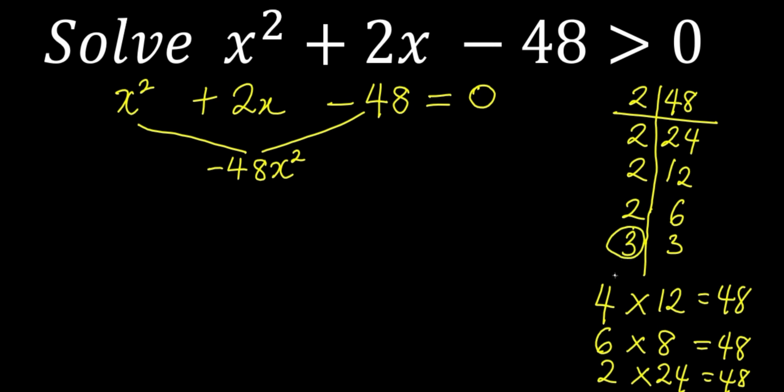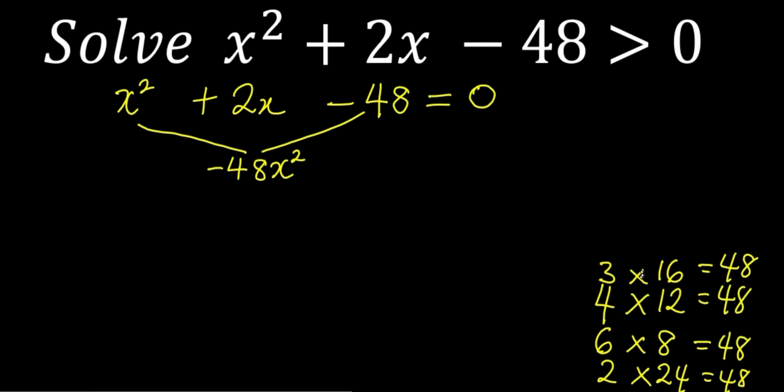We can also take 3 times the remaining ones, 2 times 2 times 2 times 2, which is 16. So 3 times 16 also gives us 48.